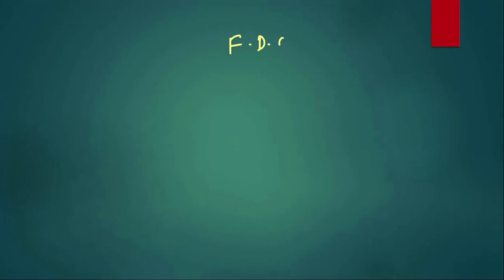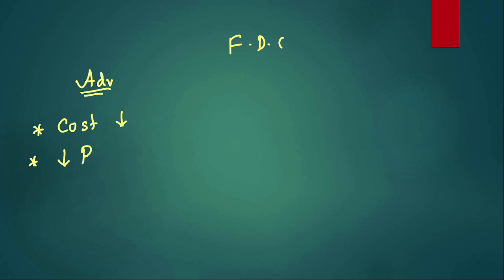Fixed dose combination, the advantage is the cost comes down because we are giving them in a combo pack. So you have gone to movie, you have gone somewhere, if you take in combo, the cost comes down. Second, the fixed dose combination is important to decrease resistance problem, particularly in tuberculosis.